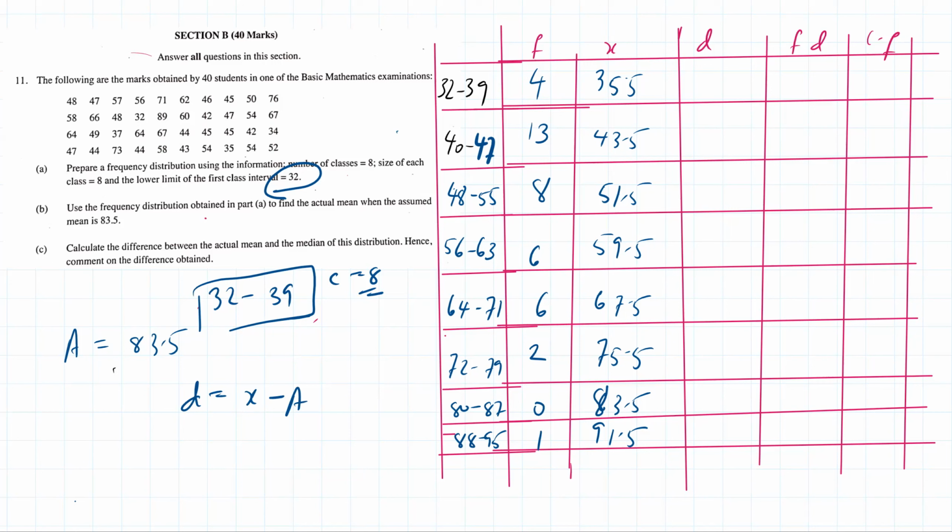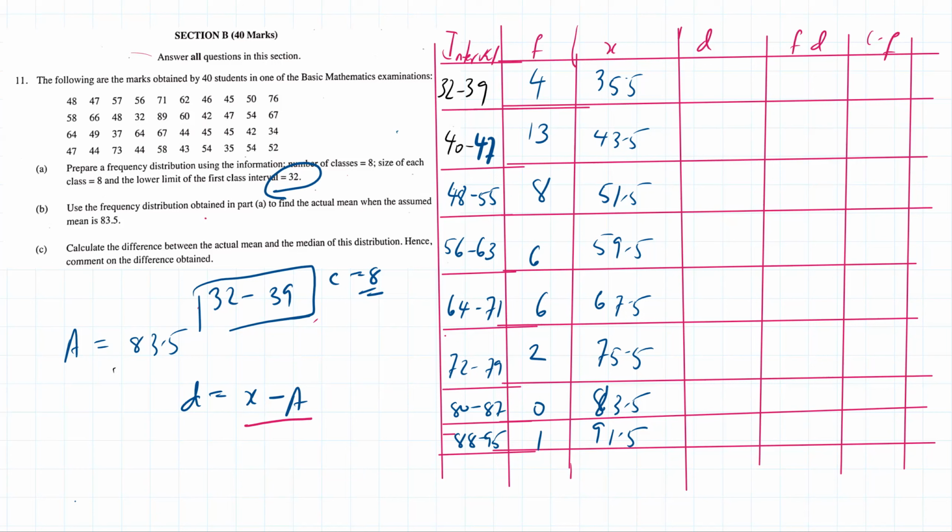So we can call this one here interval, to avoid confusion. If that is the case, then the deviation is xc minus assumed mean.